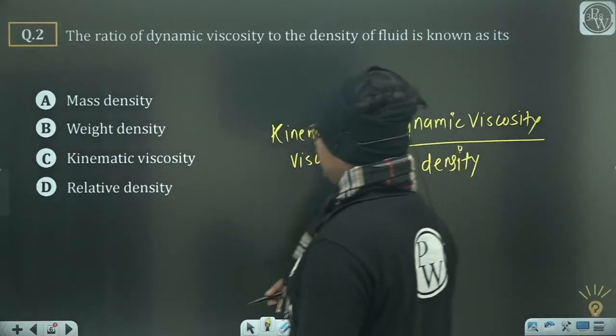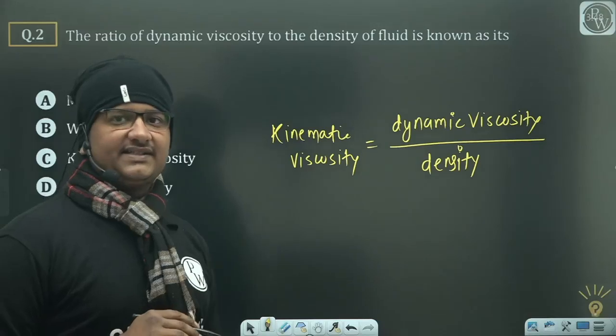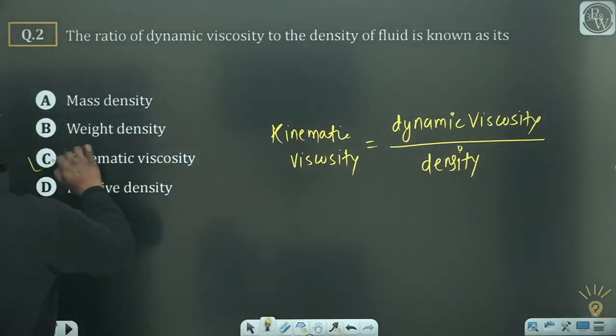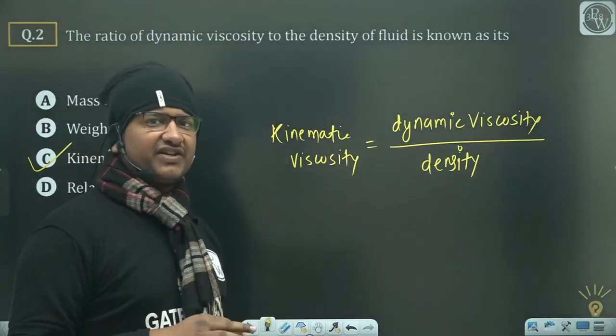So kinematic viscosity is nothing but the dynamic viscosity divided by density. So in that case, your right answer will be kinematic viscosity. This part you have not studied till now. In the next lecture, you will study this part.